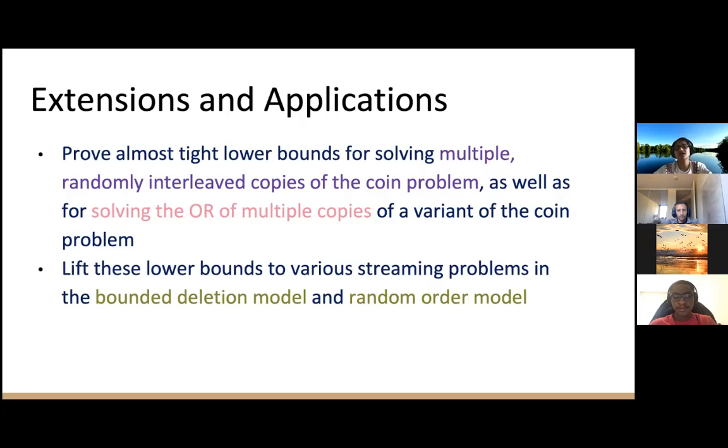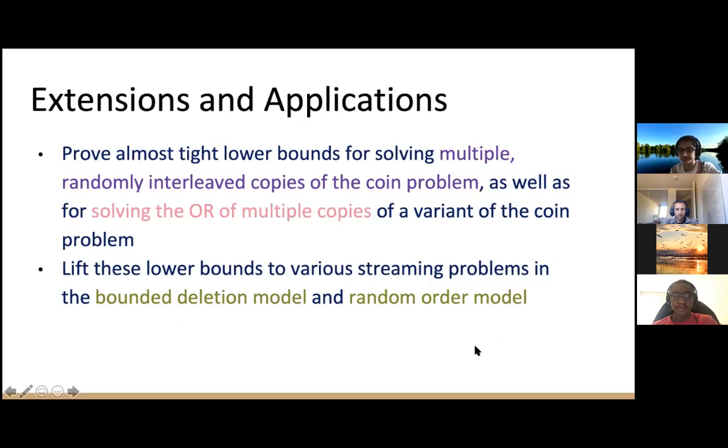Because we started with proving a memory lower bound for majority under the uniform distribution, we end up proving hardness of distributions that have nice properties, which are appropriate for proving streaming lower bounds in the bounded deletion model and the random order model.